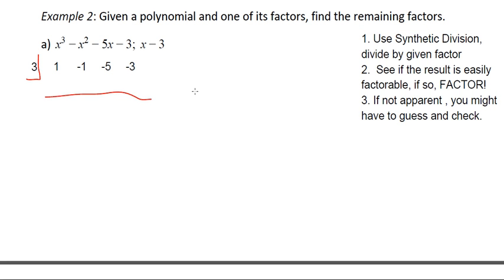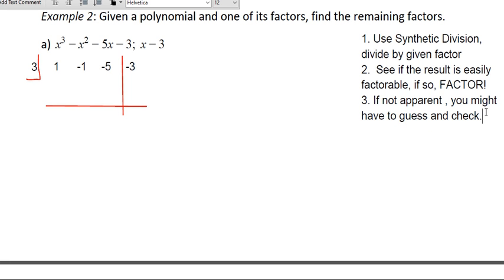Let's check out our synthetic division. I will go ahead and continue to separate so that we know if we have a remainder. Let's call this 3a. True factors have to have 0 in the remainder section.